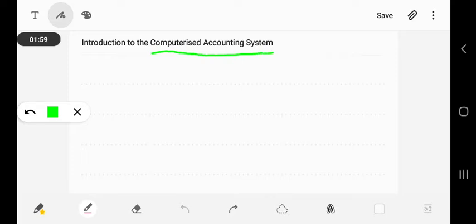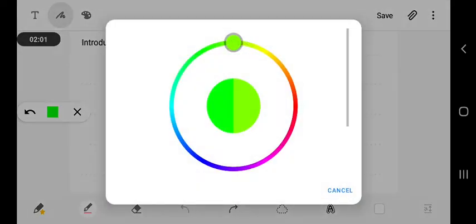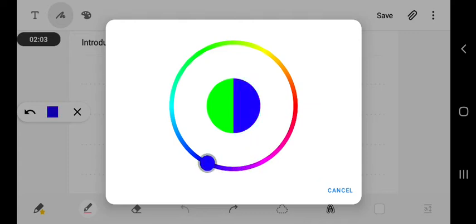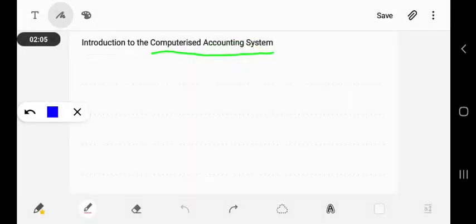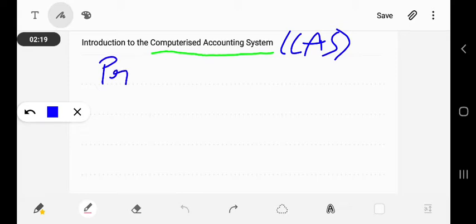The computerized accounting system, let us say CAS, has the following components. First one is procedure. This is a logical sequence of actions to perform a task.